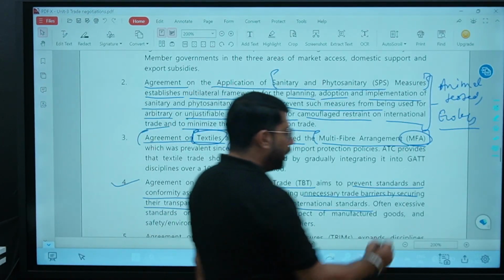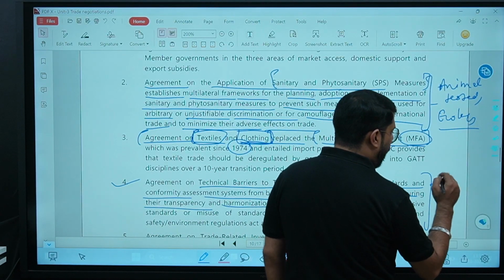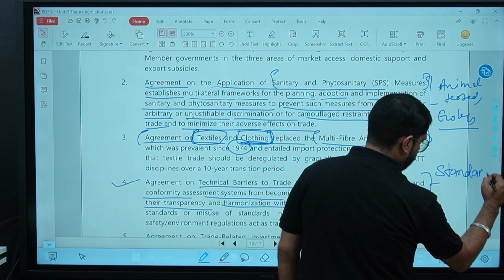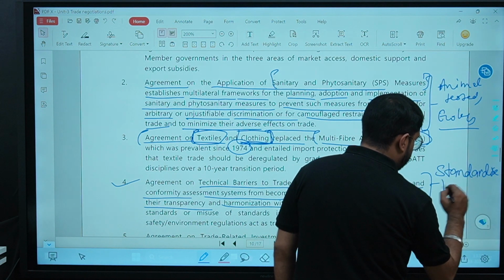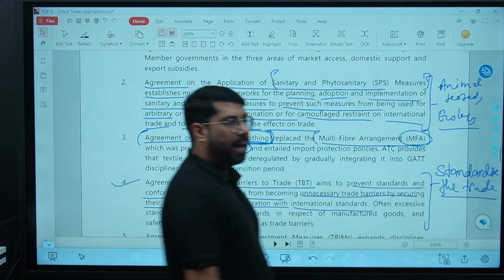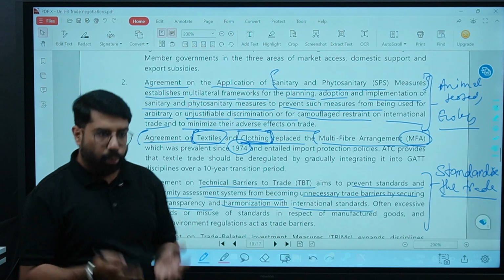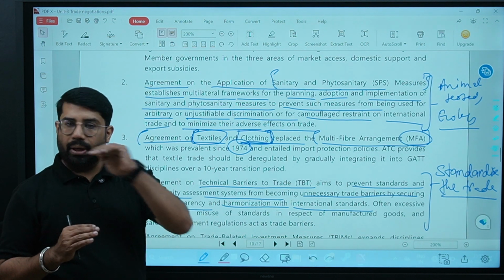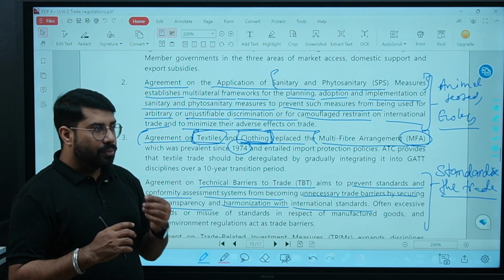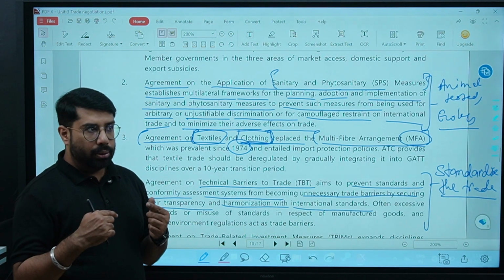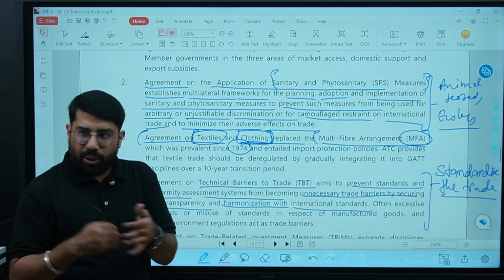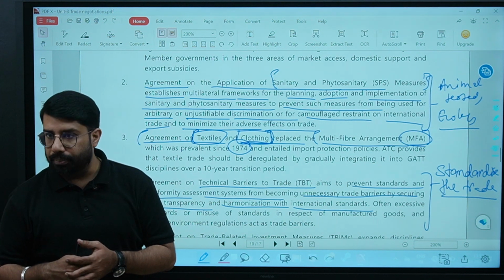So what we are doing is we are trying to standardize the trade. It means we are trying to say that the trading of those goods should be promoted which are meeting particular standards of quality, right? Now, if we set different standards of quality for different countries, then there could be a problem.